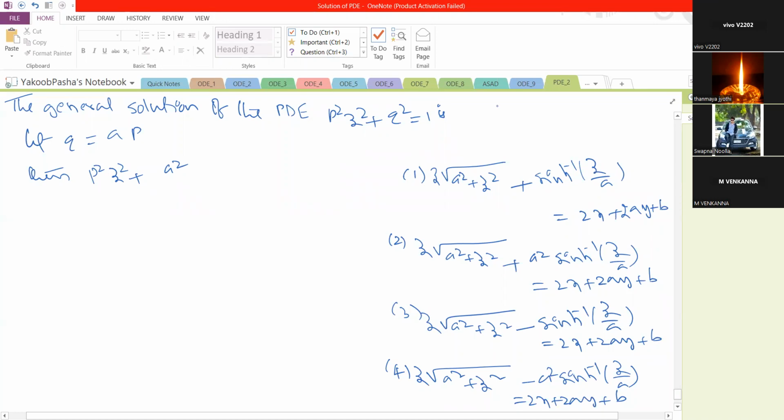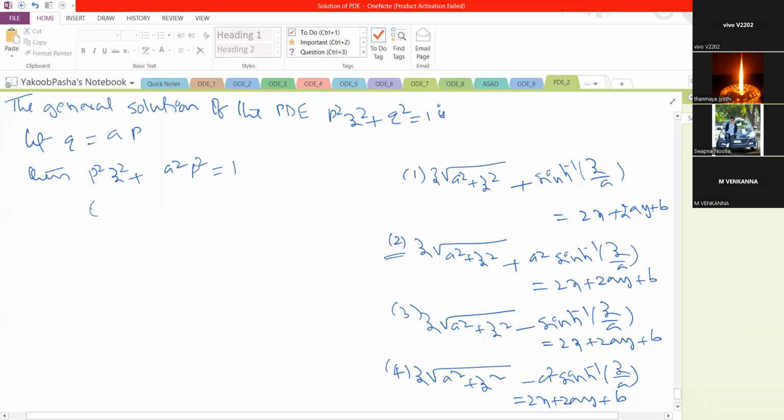Okay, second option, z into under root of a square plus z square plus a square. Okay, we'll see. Now let us see the second option. p square z square plus q square equal to 1, we can write a square p square, that is equal to 1.